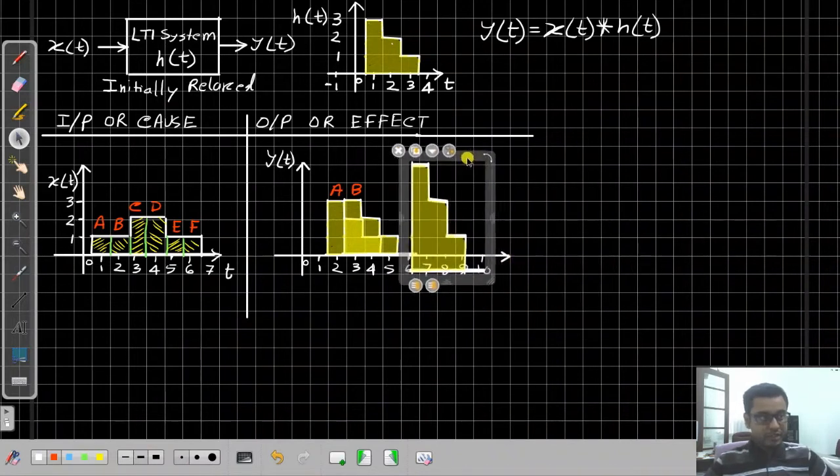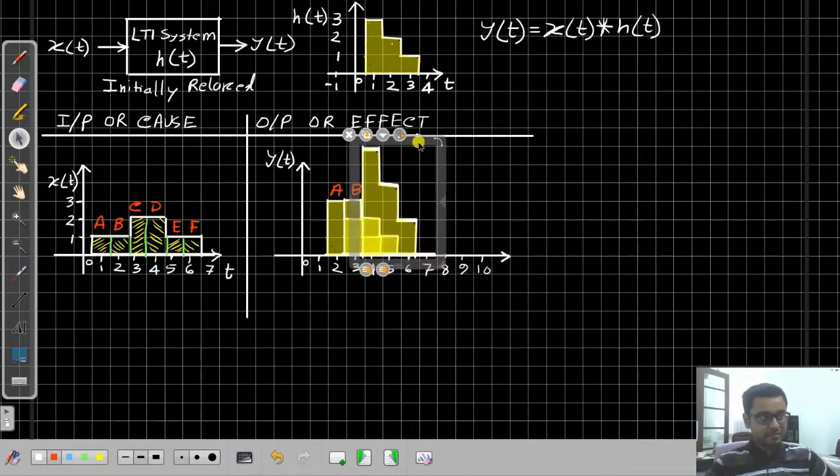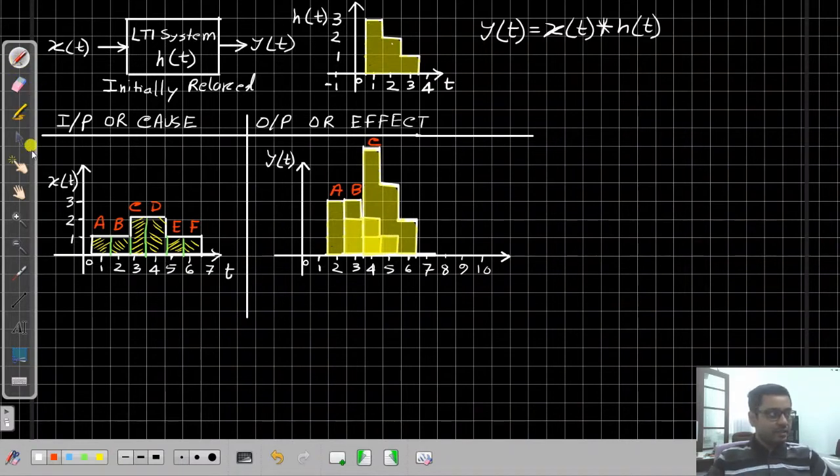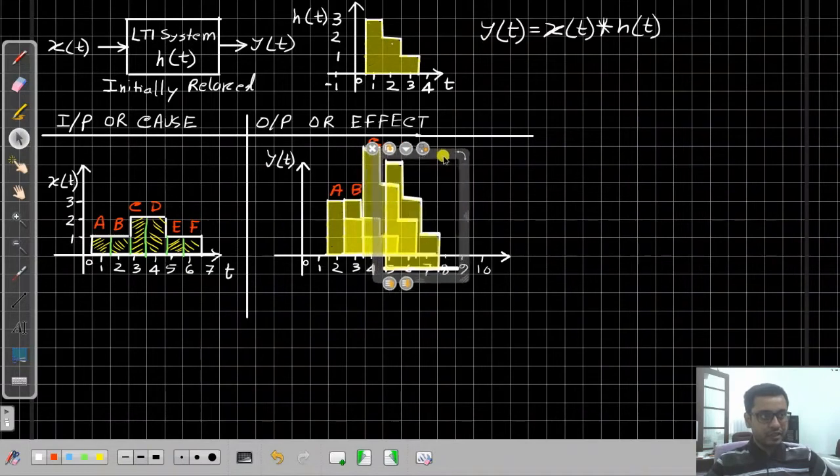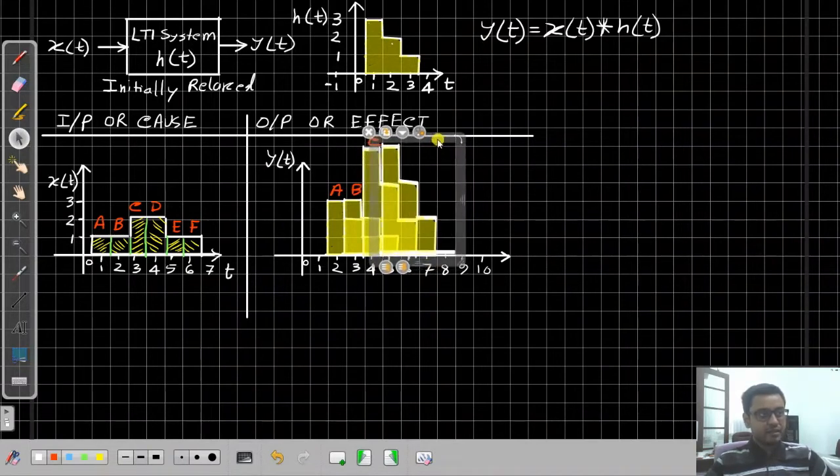Now I shall put it here. This is the output corresponding to part C. Then for part D, I will take another copy of this and put it here, and so on. After that, you have to add all these curves together, and I am leaving that addition for you.